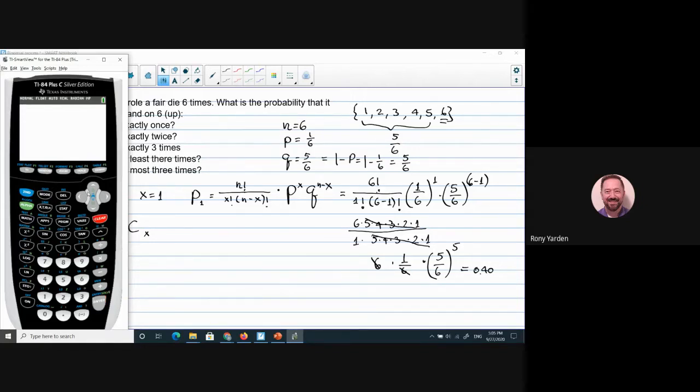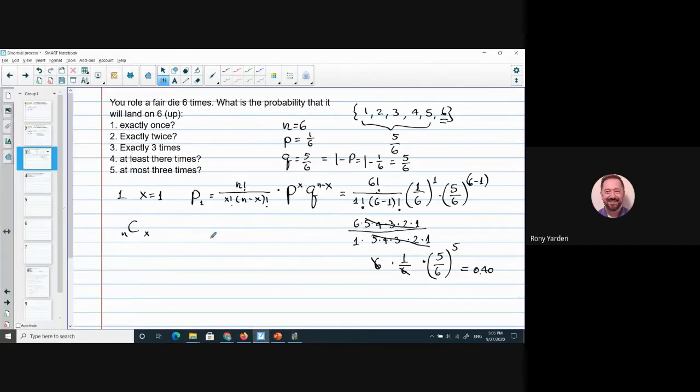And now I'm going to show you how to use the shorter version. So in the shorter version, instead of this expression, we'll have NCX, but if we plug in the numbers, then we have 6 trials. C is just a symbol. X is 1 success.